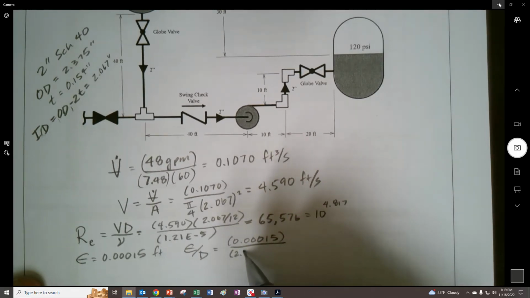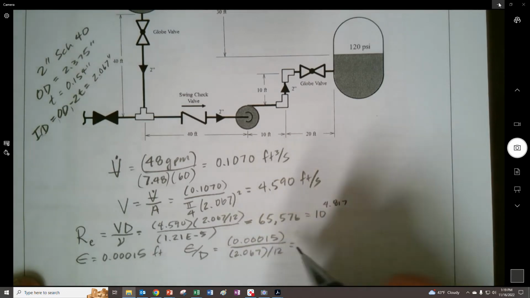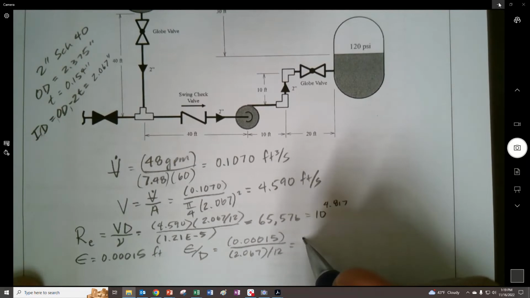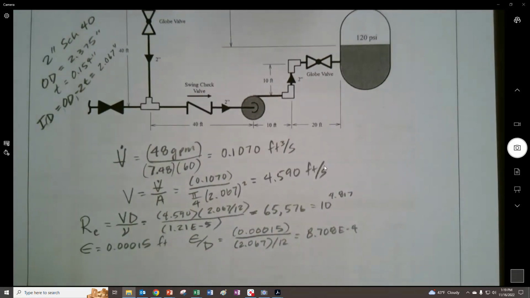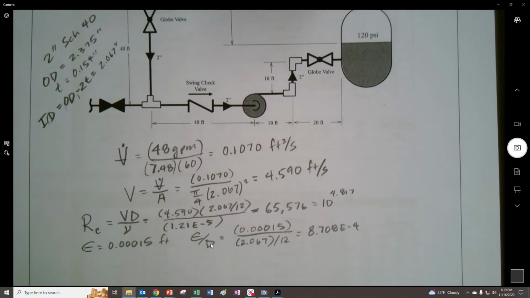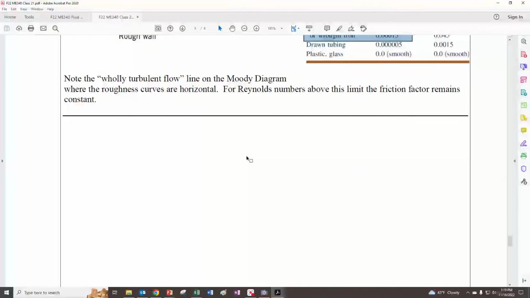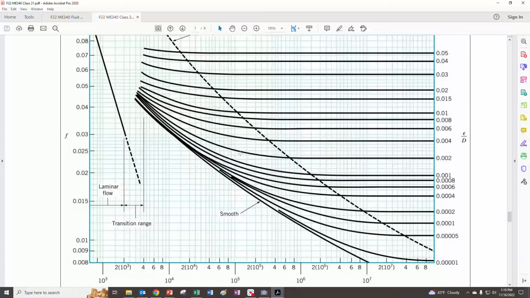So that's 0.0017 divided by 2.067 over 12 to get them both into feet. And I end up getting 8.708 e to the minus 4. And so we have both the Reynolds number and this roughness ratio, so we can use that with the Moody diagram.